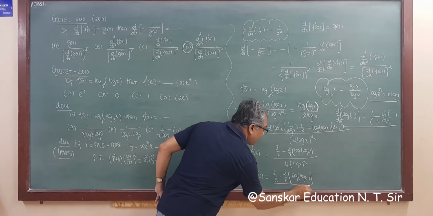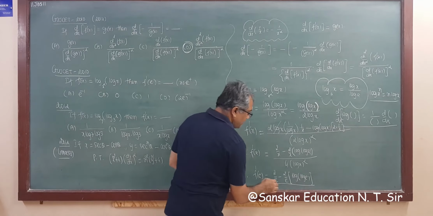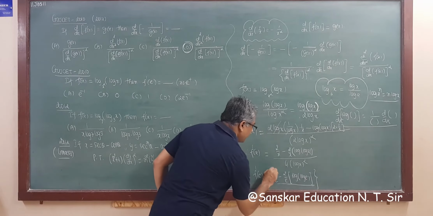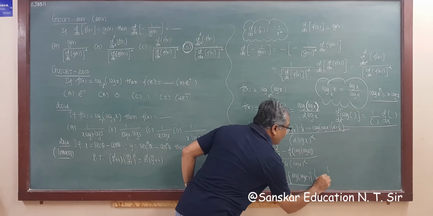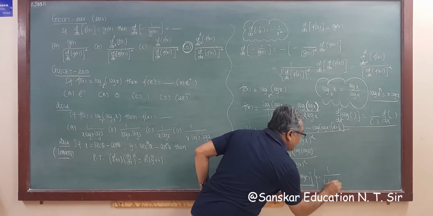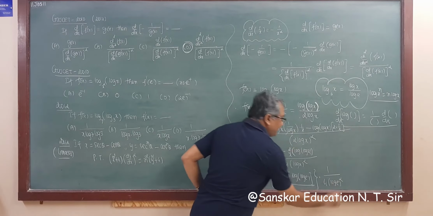So this is the problem here. I am not writing it like this. See what I am doing. This into 1 upon 4 log e whole square. Got it?